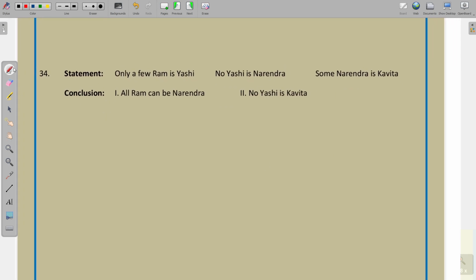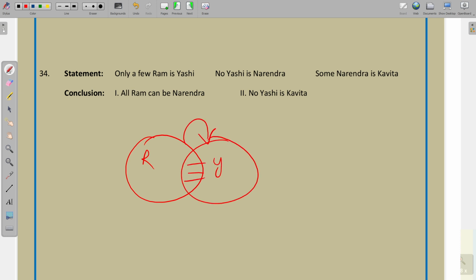34, see 34, only a few Ram is Yashi. No Yashi is Narendra and some Narendra is Kavita. So see the conclusions: all Ram can be Narendra. Ram here and Narendra here.